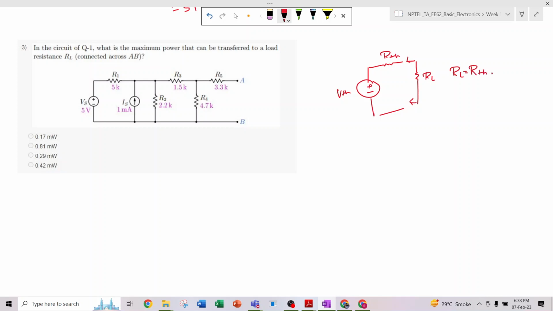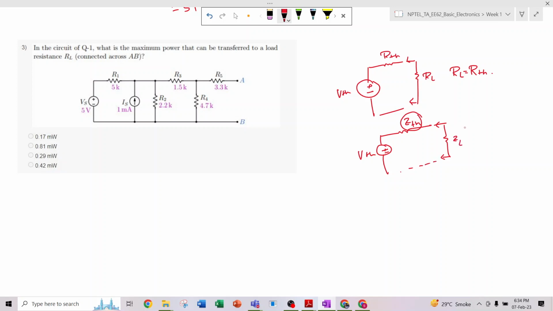Basically you remember one thing, suppose there is any VTH and here you have a Thevenin equivalent resistance which is a complex number, and here you have to match with any complex resistance.